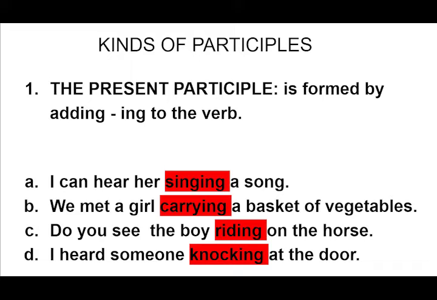Do you see the boy riding on the horse? Here, ing is added to the verb ride. Now look at the fourth sentence. I heard someone knocking at the door. Here, ing is added to the verb knock. So these are present participles, singing, carrying, riding and knocking.